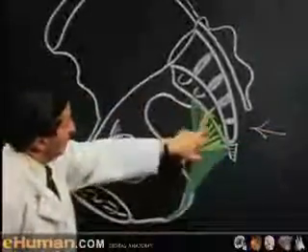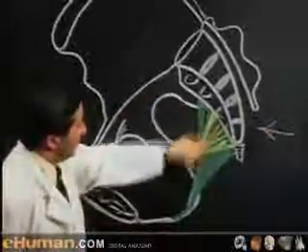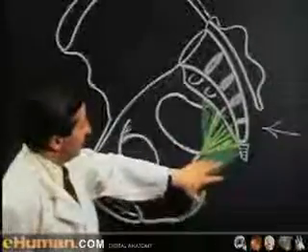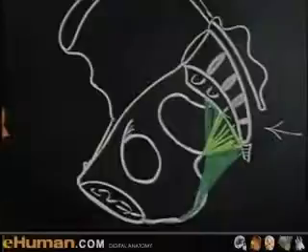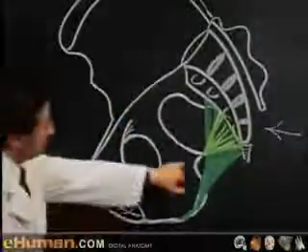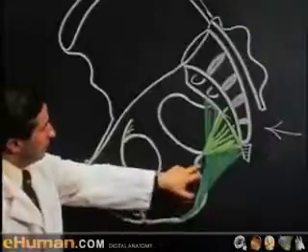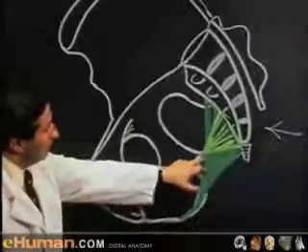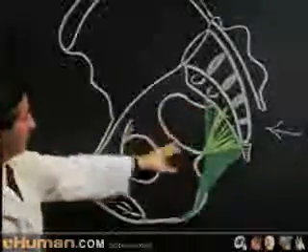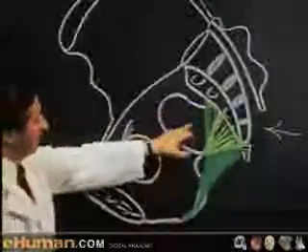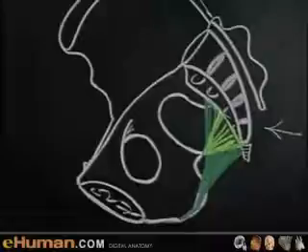When you consider that, you'll realize that these two ligaments, the sacrospinous ligament and the sacrotuberous ligament, keep the lower end of the sacrum and coccyx in their correct position. Note that we have now converted the lesser sciatic notch into a foramen, the lesser sciatic foramen, and the greater sciatic notch into a foramen, the greater sciatic foramen.